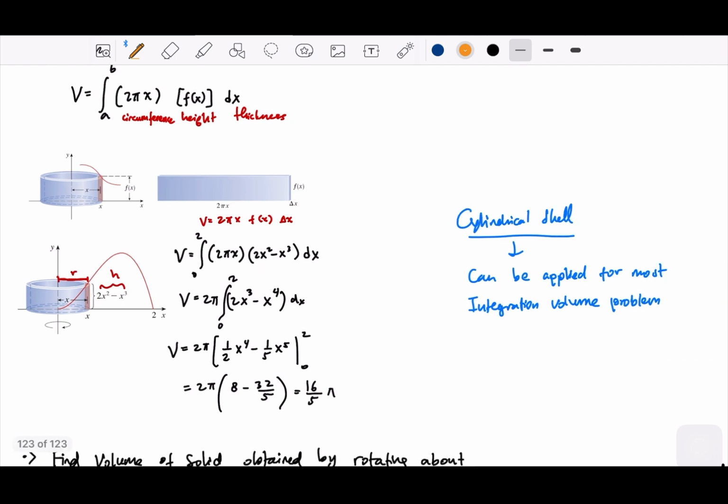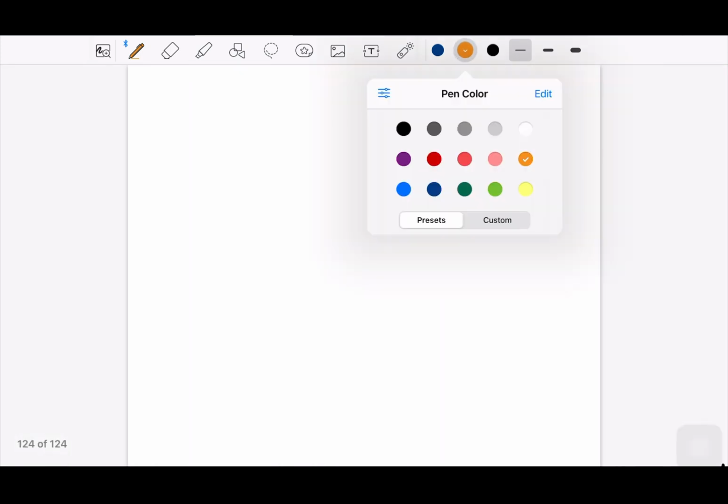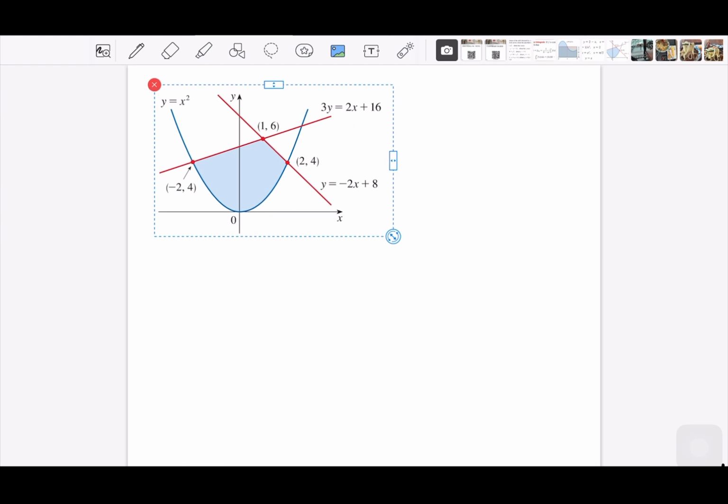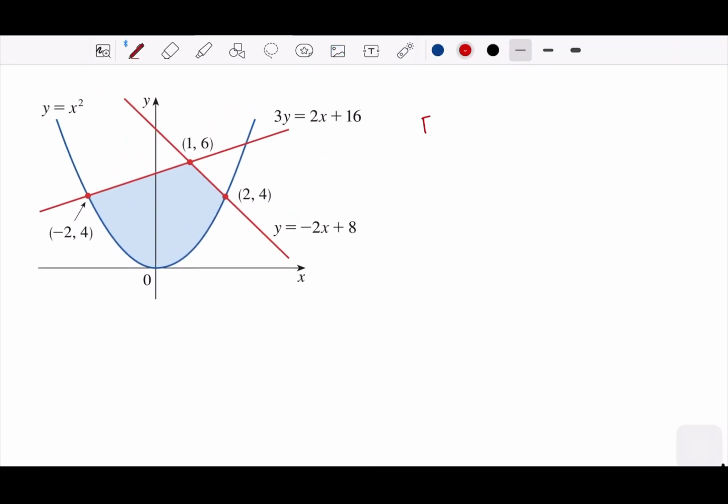Okay, I think we could have some, okay, maybe first is this, find the area. Let's just review some samples, and I will give you one more section on chapter 6.